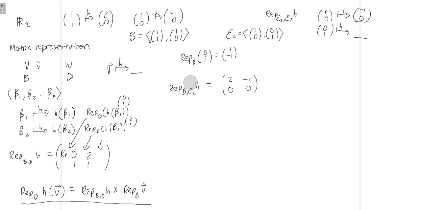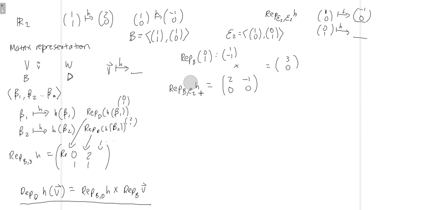So all we need to do now is find the matrix-vector product of these two. That'll give us 2 times 1 is 2, plus 1 is 3. And then 0 times 1 is 0, 0 times -1 is 0, 0 plus 0 is 0.